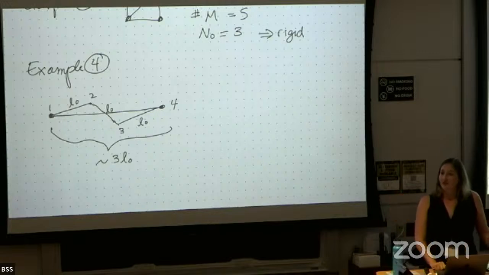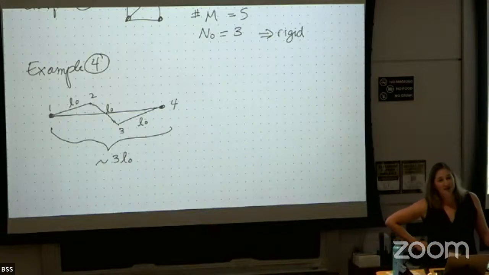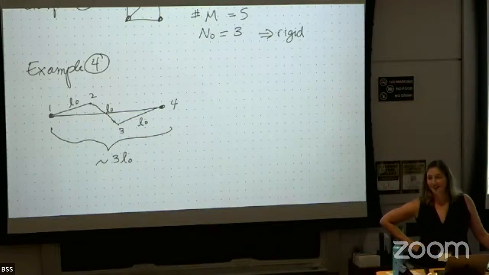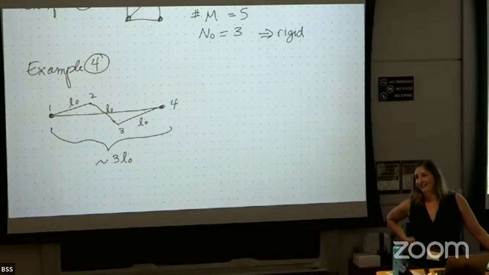But your constraint counting says nothing. It's exactly the same as it was for the 4-bar linkage above. What the heck? That's it for today. Tomorrow we'll answer what the heck.